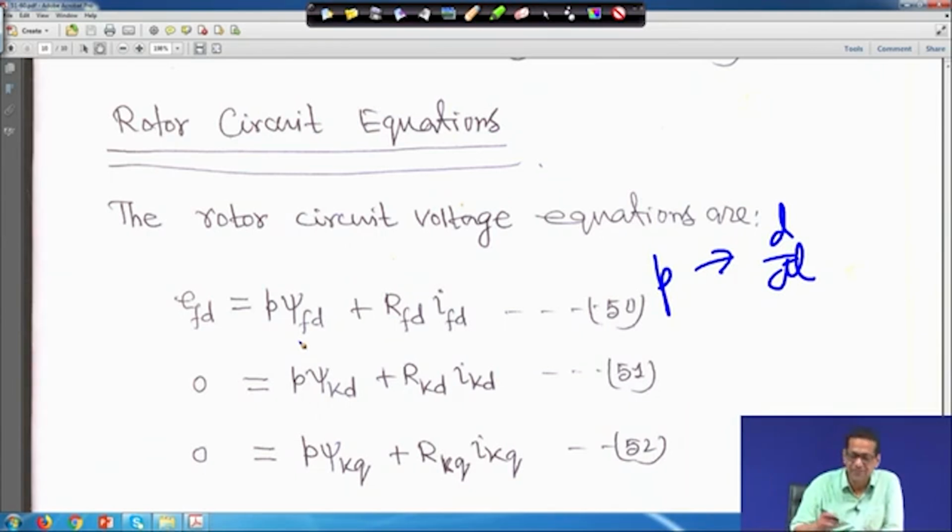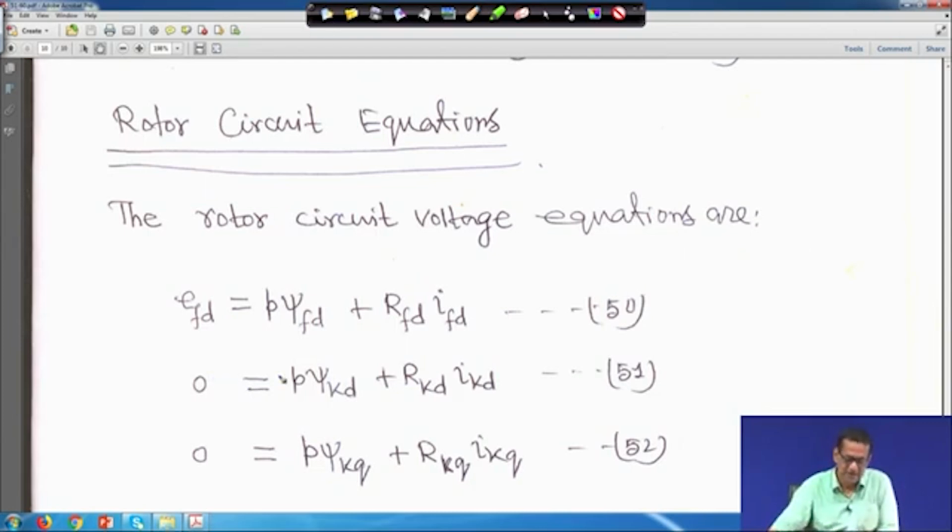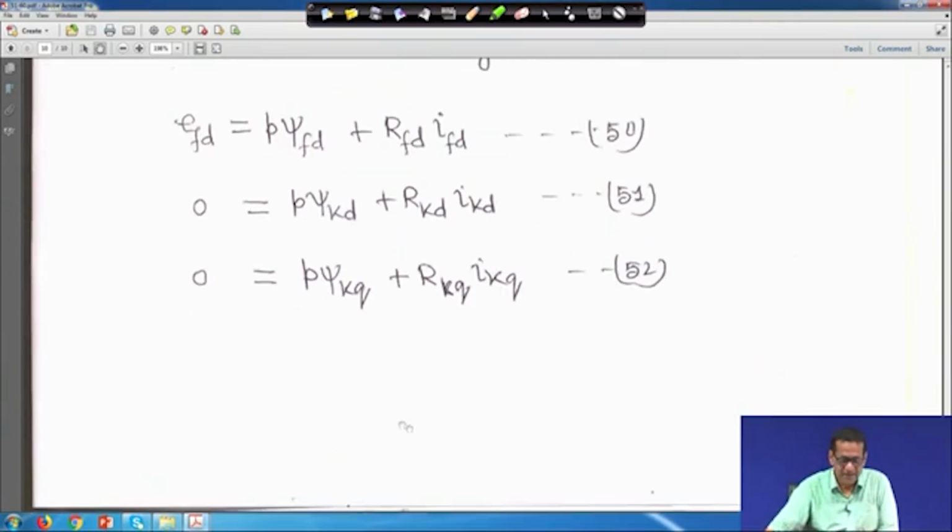This is equation 50. On the D axis you have the armature winding, and it is a closed circuit, so no voltage there. So, 0 is equal to P psi KD plus RKD IKD. This is equation 51. On the Q axis you have another armature winding, and because it is a closed circuit, 0 is equal to P psi KQ plus RKQ IKQ.